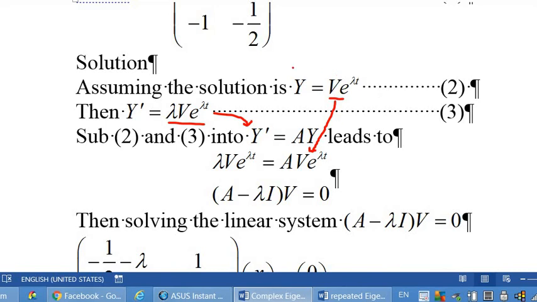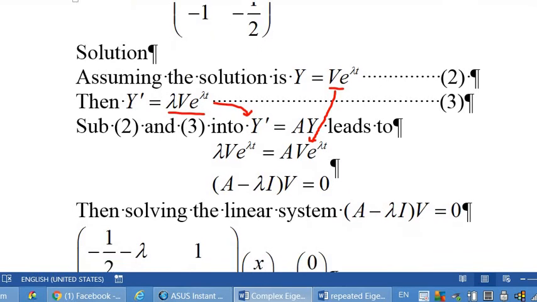By assuming the solution 2 here, y is v e to the power lambda t. If we know the eigenvalue, then we can find the eigenvector from this homogeneous system, A minus lambda I times v equal to 0.